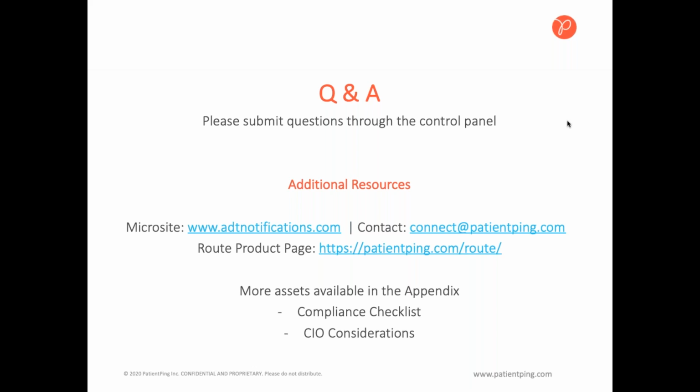Excellent. Another question: our small rehab hospital currently calls PCP offices about notifications and faxes DC summaries to the PCP office. Would this no longer be in compliance with the notification? I can take that. Yes, you can certainly continue the processes you have in place, but faxes, phone calls, and other types of communications would not count in terms of e-notification.